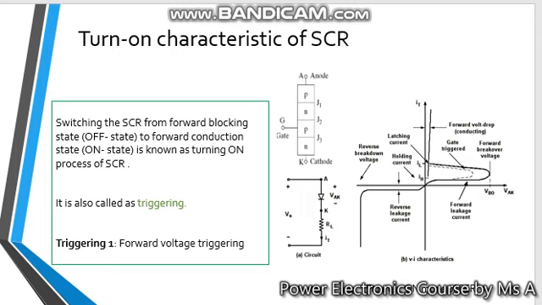In practice, this method is not implemented because it needs a very large anode to cathode voltage. If the voltage is more than the forward breakover voltage, it generates very high currents which may cause damage to the SCR. Therefore, in most cases, this type of triggering is avoided.